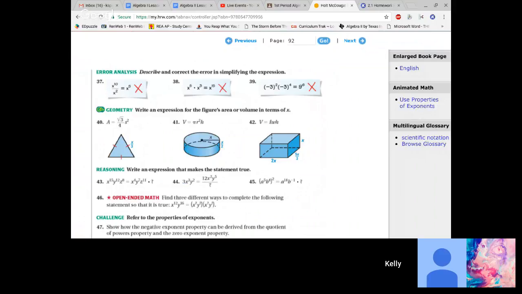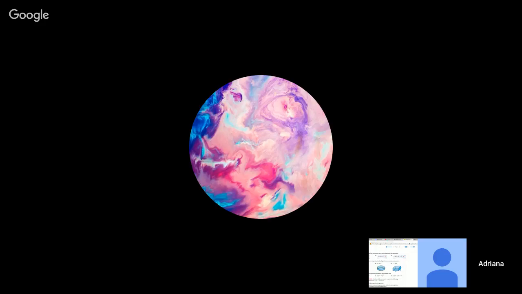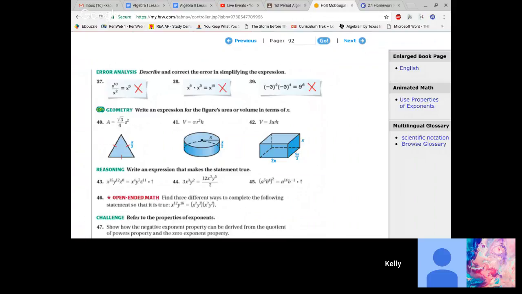So we get kind of caught off guard when all of a sudden they start putting real numbers there. When the base is the same, it just stays the same across the board. I don't know if I'm making sense. It makes more sense.